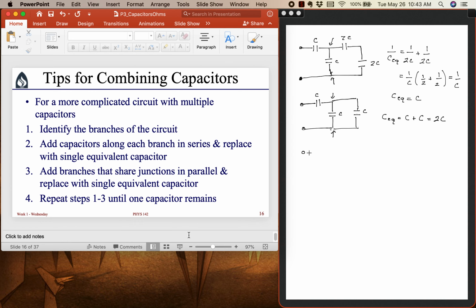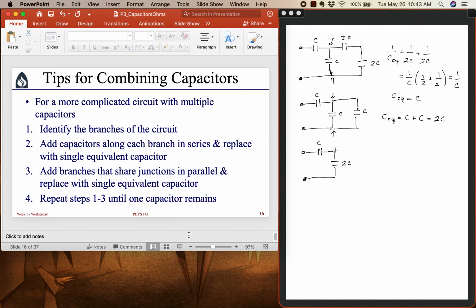So then I can simplify my circuit further. I have this capacitor here, and it has a capacitance of C. And then this whole series of branches can be replaced with a single capacitor, which has a capacitance of 2C.